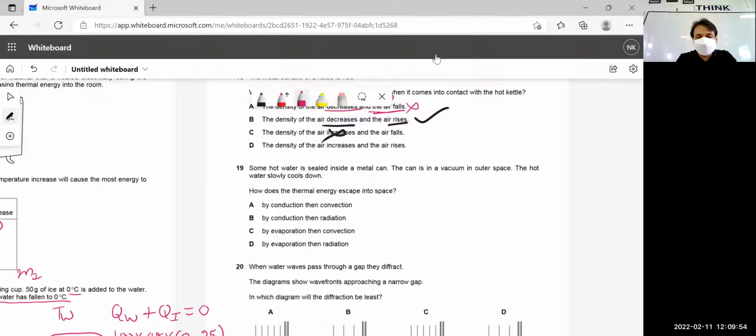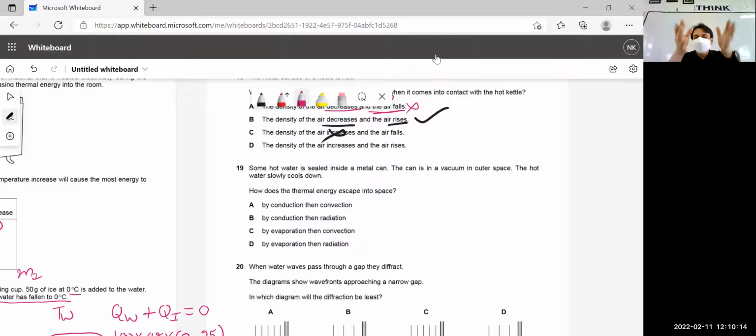What is the right answer here? We have a metal can, the body gets heated due to conduction, and energy is being lost. They said the water cooled down slowly, so it means the heat is also going out.